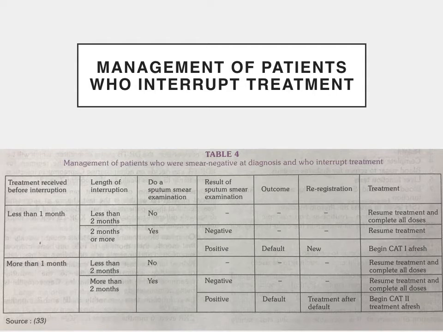It is divided into different regimes. So you can see in this slide the treatment received before interruption, whether it was less than 1 month or more than 1 month, then the length of interruption, whether it was less than 2 months or 2 months or more, and whether a sputum smear examination was done or not, then the result of the sputum smear, negative or positive, then the outcome, was there any default?